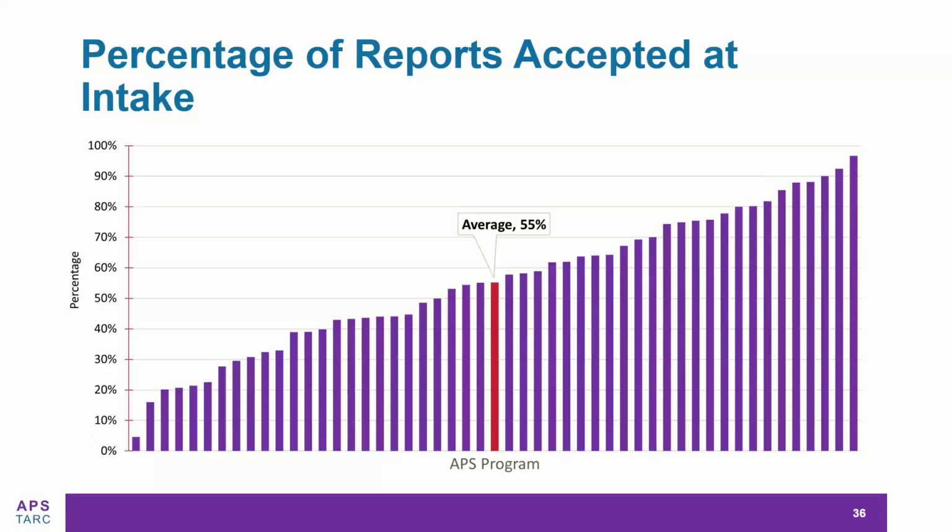This too is, I think, as I recall, fairly normally distributed, but more programs kind of on the outlier end of this, indicating that the intake models, the intake criteria that are used across the programs are pretty inconsistent, particularly in some individual cases.